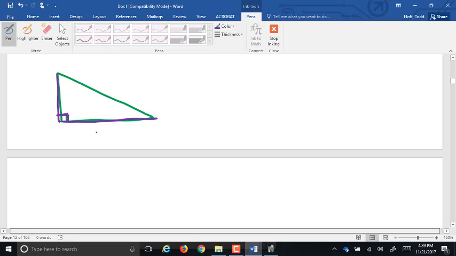Those two sides that create the right angle are called legs. The third side that is across from the right angle, it is always the longest side, is called the hypotenuse.